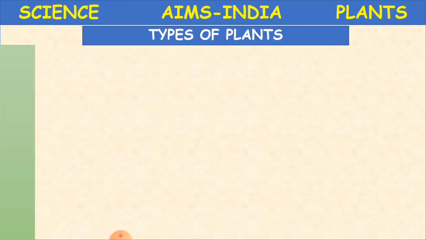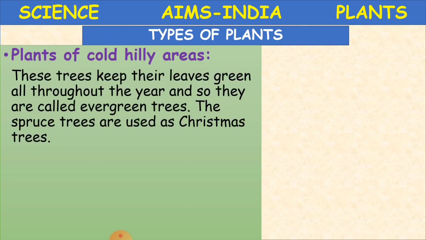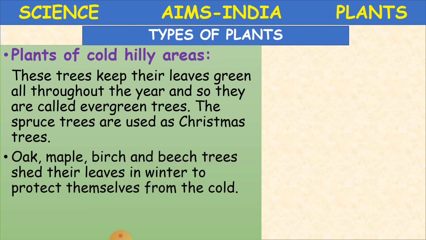Clear, children? Now the second type. One is which grows on land, another is again on hilly areas. Here these trees keep their leaves green all throughout the year, and so they are called evergreen trees.